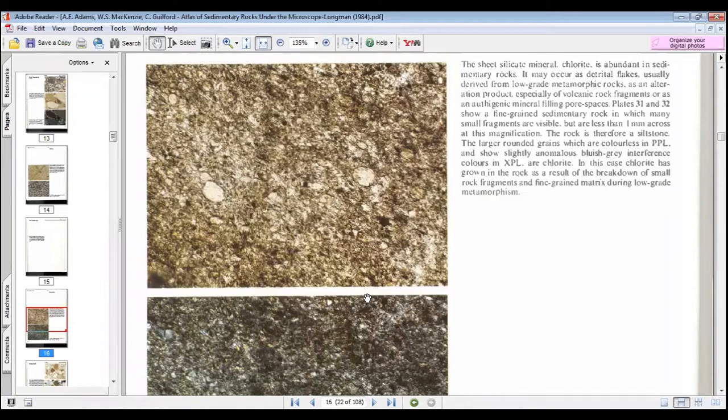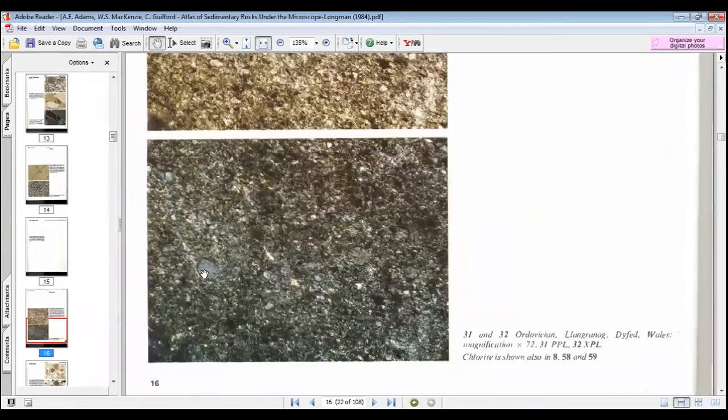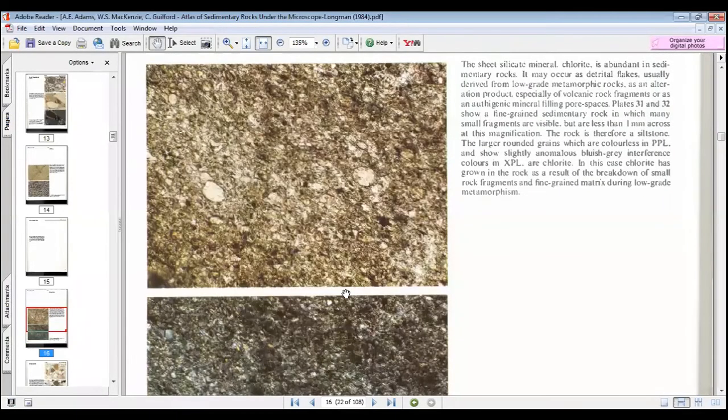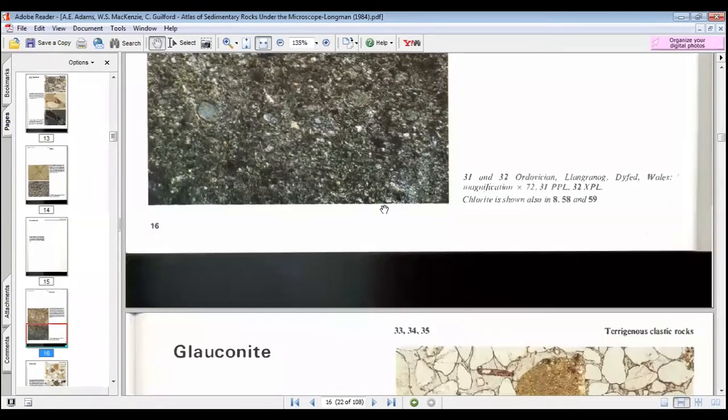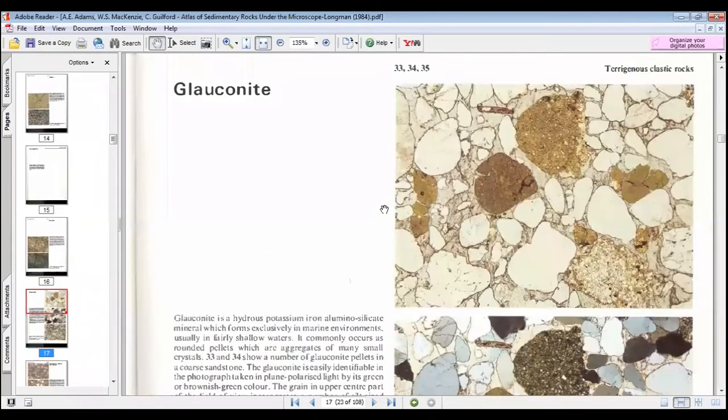And yes, you can see some bluish color, that is the indicator that this is chlorite, and the bluish color, especially in the PPL, shows this is actually the chlorite mineral.